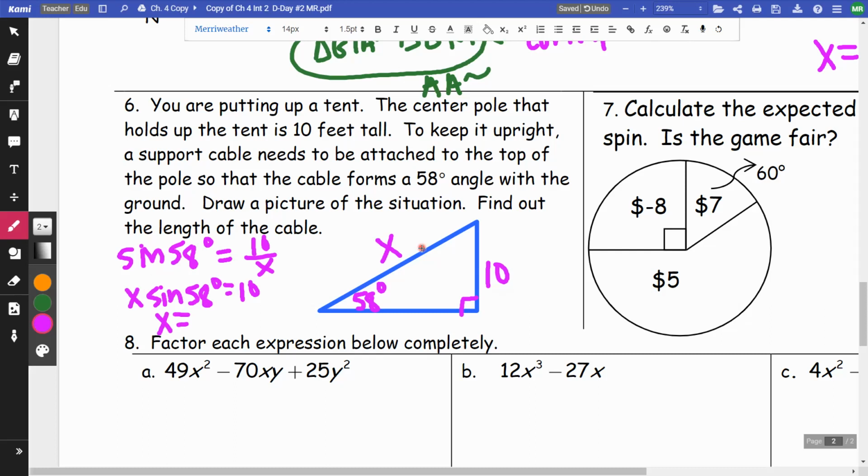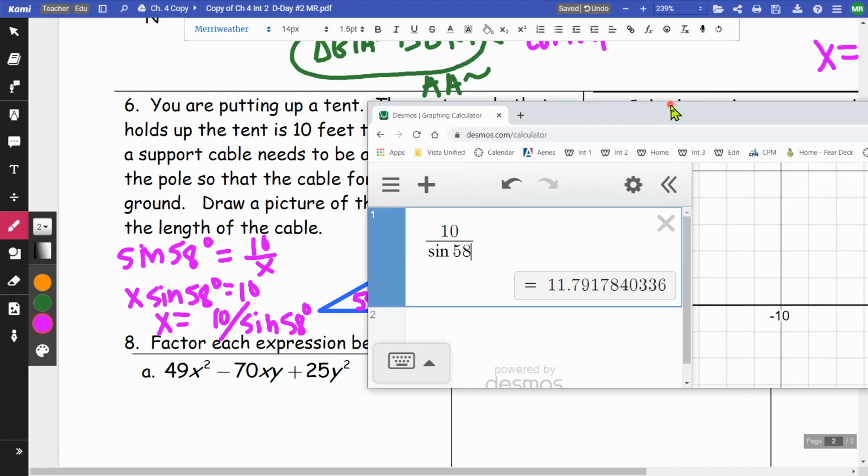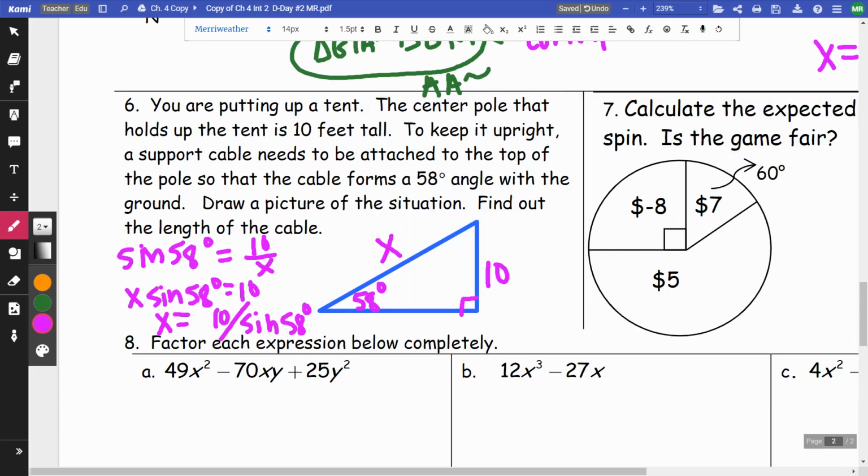So x is going to be 10 divided by sine of 58 degrees. And when I put that in my calculator, I ended up getting 11.79. So x is going to equal 11.79 feet.